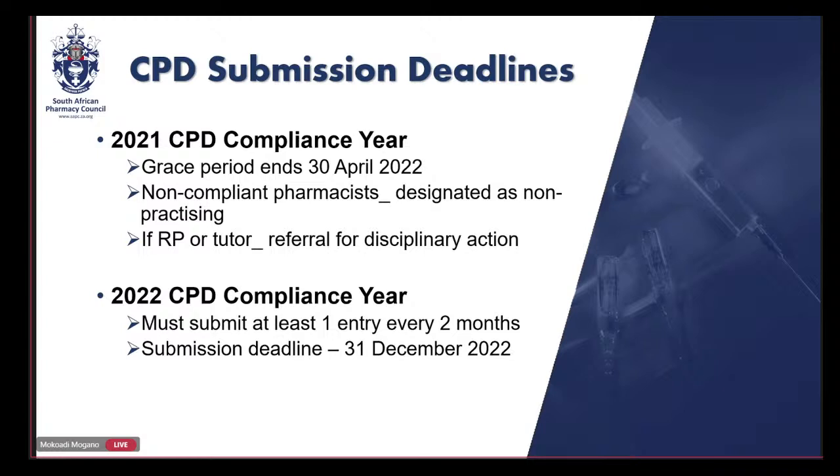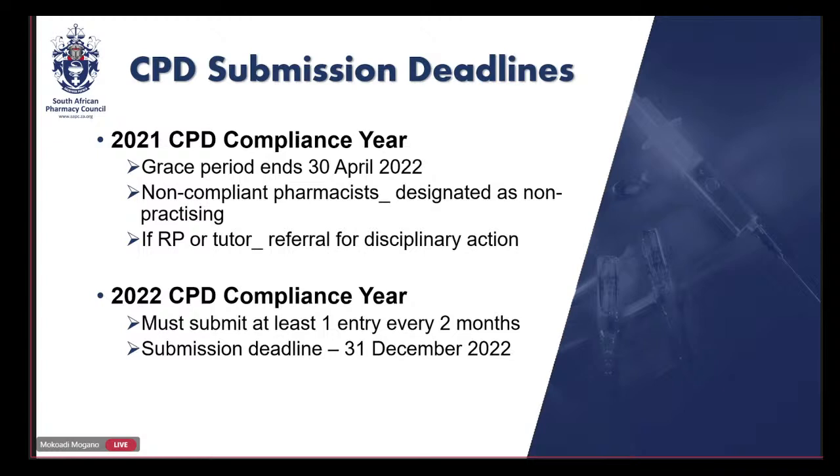All right. And then with respect to the 2022 compliance year, as you know, these run concurrently, because we started with 2022 and we are still working with 2021 CPD submissions. So please, we urge pharmacists to submit at least 1 entry every 2 months, right? So that we don't leave it too late, last minute, because we know Murphy's Law: sometimes when you leave things too late, at the last minute, something happens.